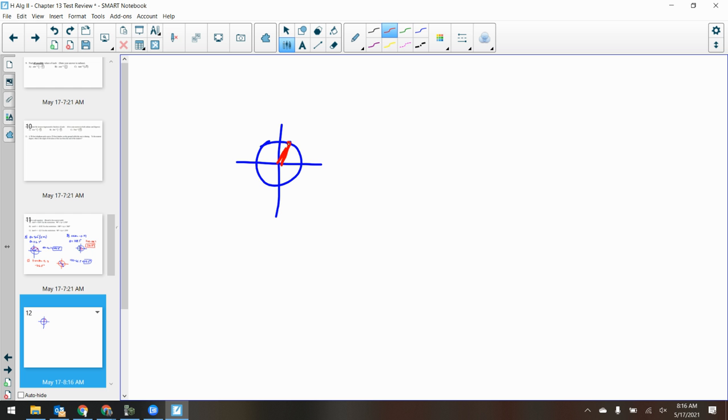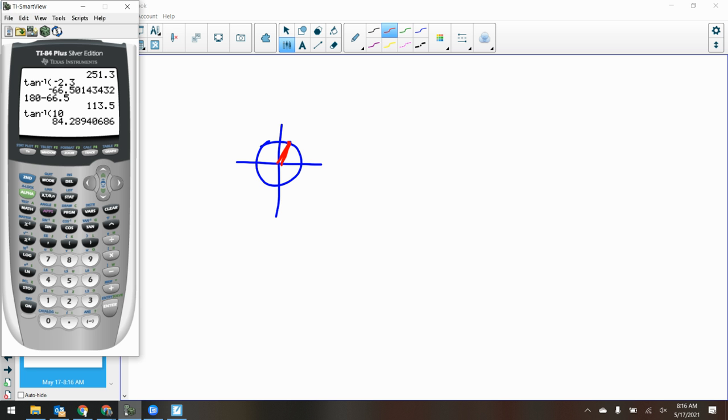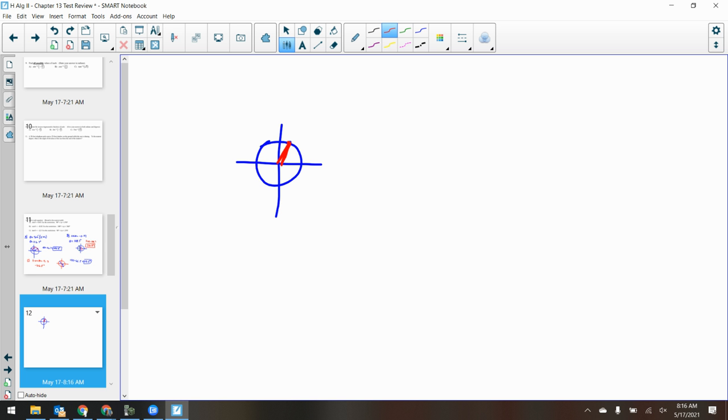So here's my angle, 80 some degrees. 84 degrees. The same place with that tangent value is down there with that same reference angle. You see that? How do you find that full angle of rotation? 180 plus my reference angle.